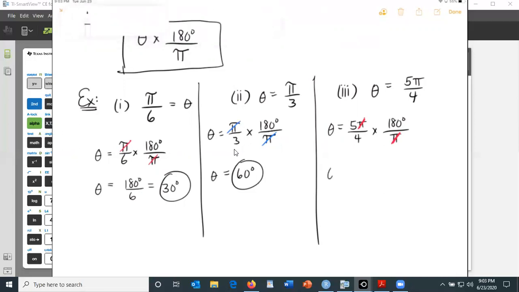Now I'm going to do this a little bit of the long way, but feel free to just write out a final answer. So what are you doing on top there? You're multiplying 5 and 180, and then dividing that by 4. So that gives us 900 divided by 4 in degrees, which is 225.